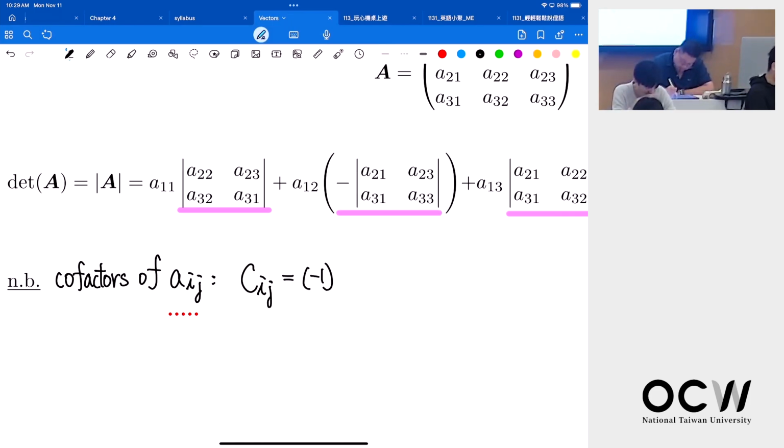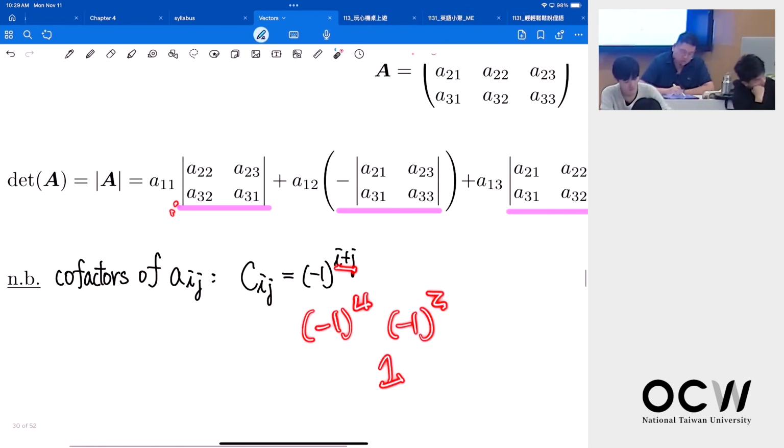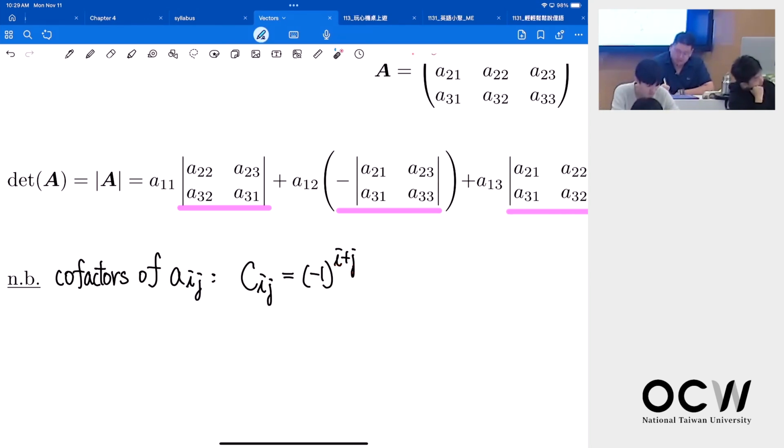Minus 1 to the i plus j. This determines whether we have a negative sign or not. If i plus j is an even number, minus 1 to the 4th, minus 1 to the 2nd, that will be 1. So that's why we don't have a minus sign. Minus 1 to the 1 plus 2, that is 3, so there will be minus 1. That's why we have a minus sign here.